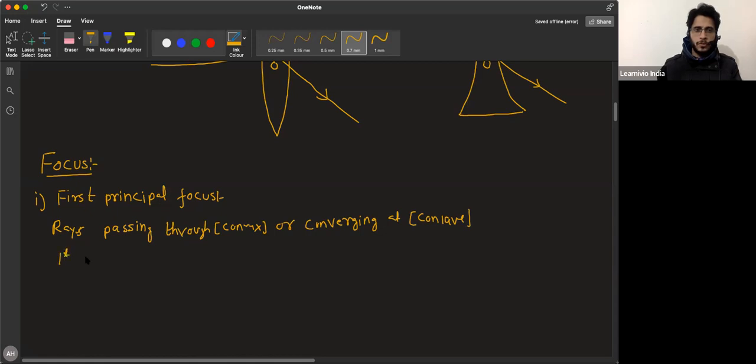First principal focus, becomes parallel to principal axis after refraction.